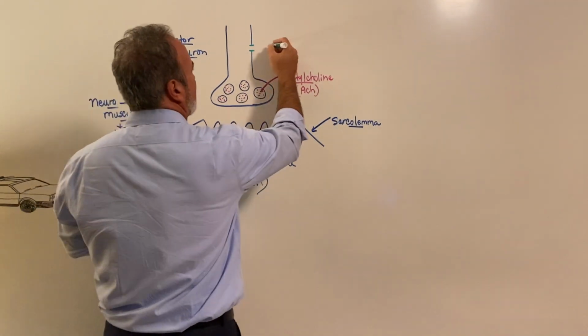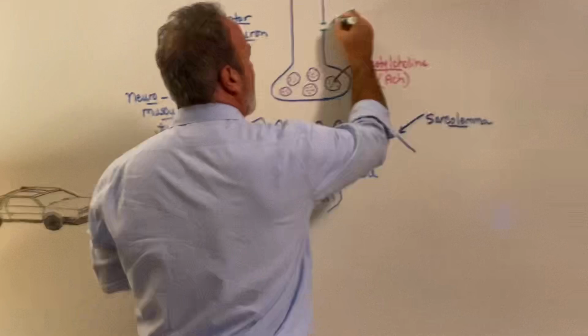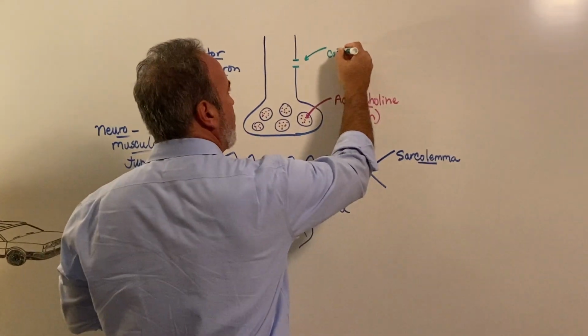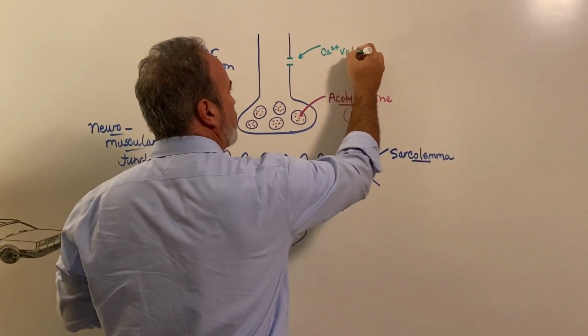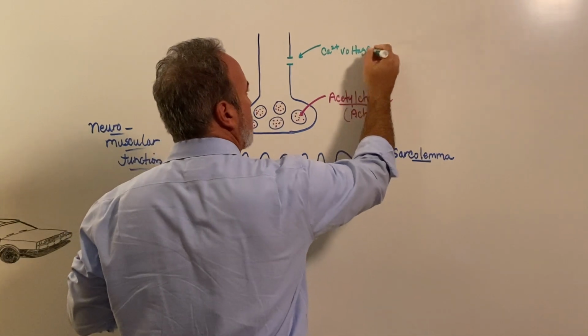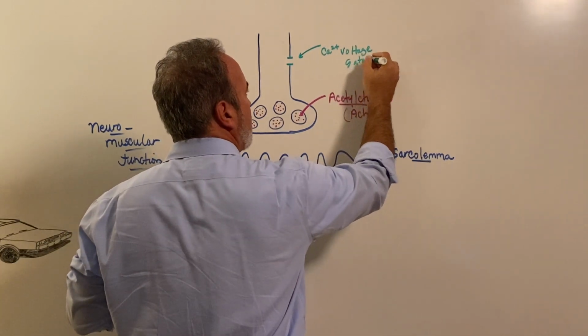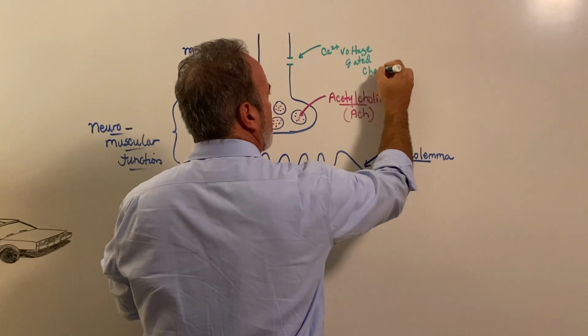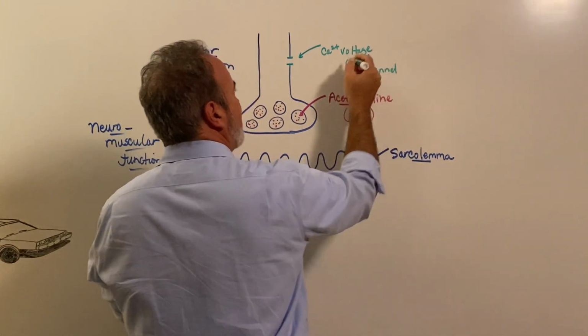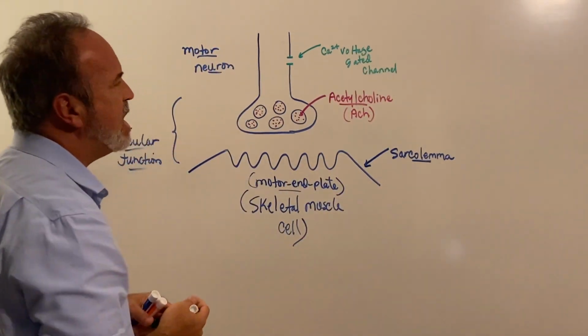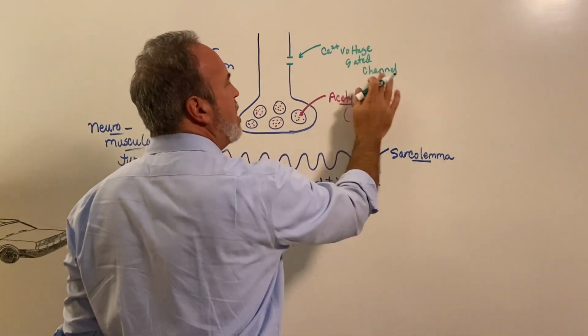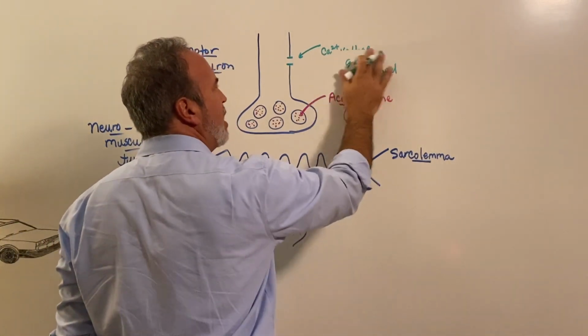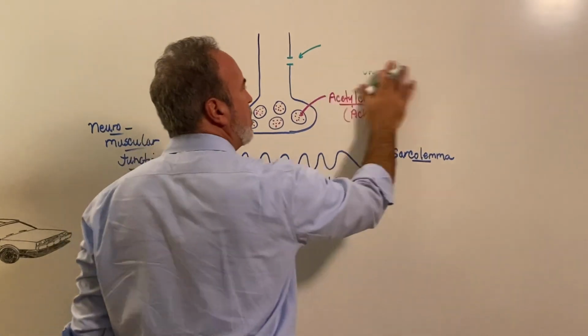This is called a calcium voltage gated channel, or you can say voltage gated calcium channels. It's better to say that.